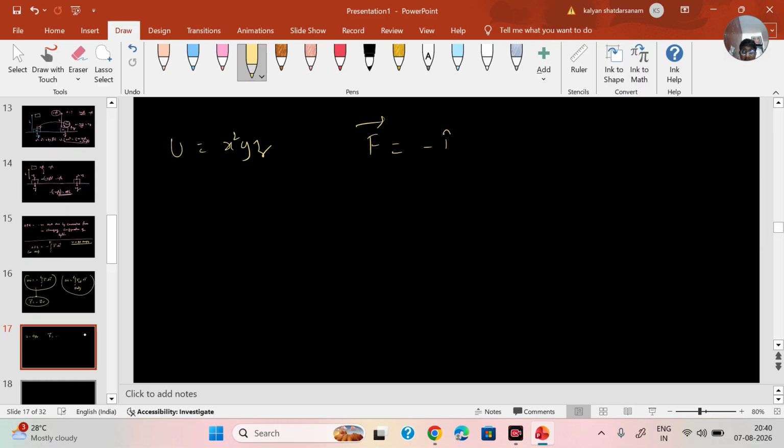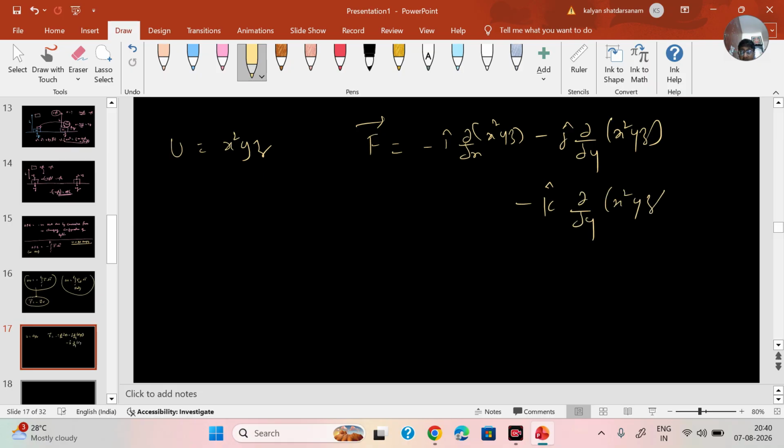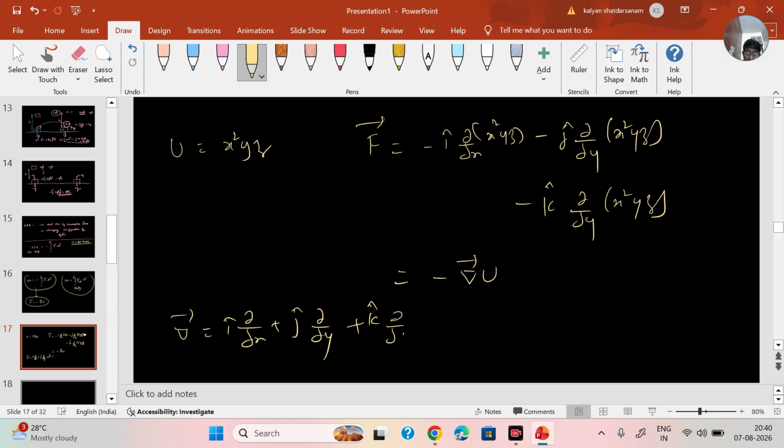Minus i dou by dou x of x squared yz, minus j dou by dou y of x squared yz, minus k dou by dou z of x squared yz. What am I doing? I am doing minus del U. What is del? Del is i dou by dou x plus j dou by dou y plus k dou by dou z.